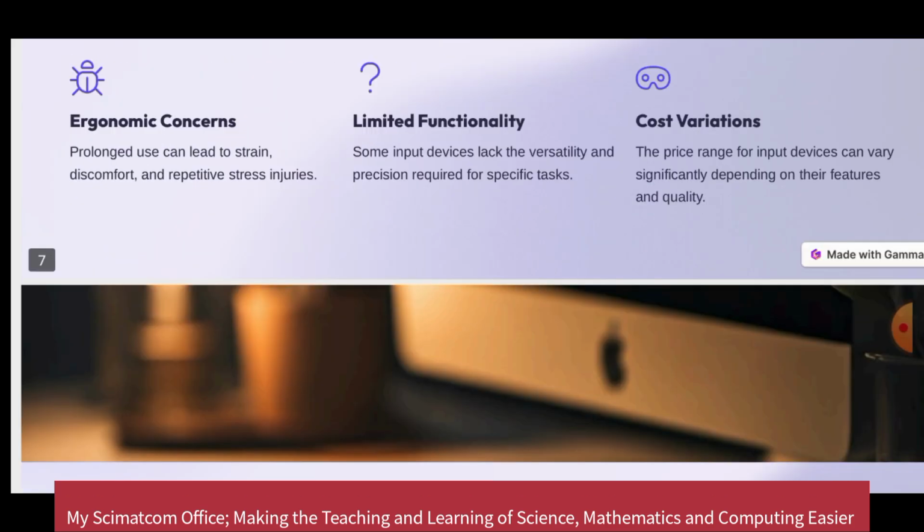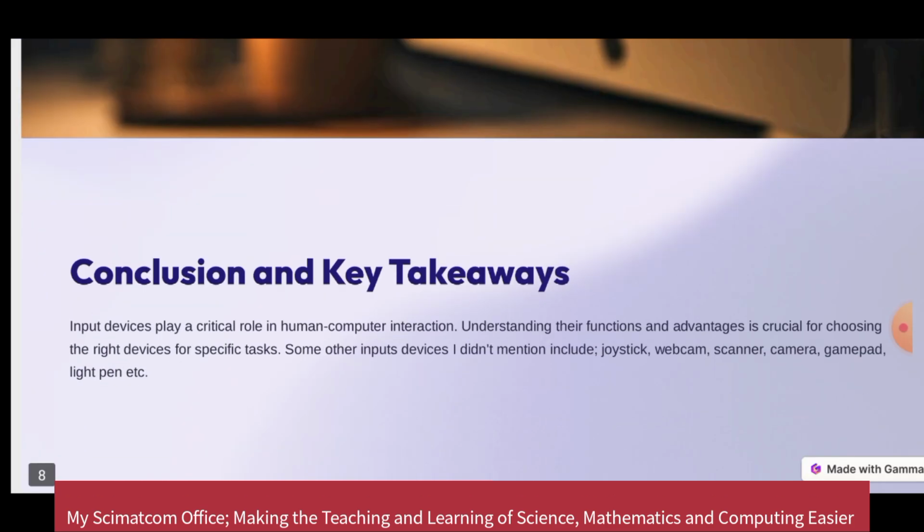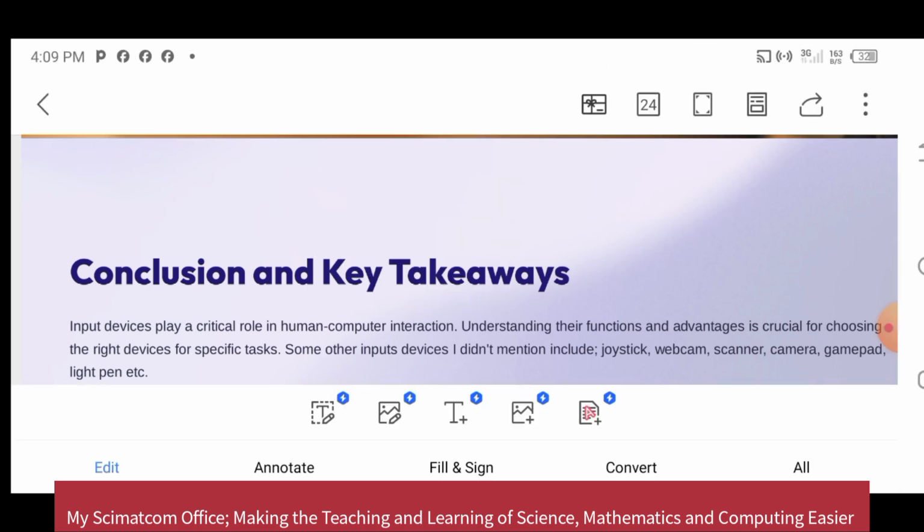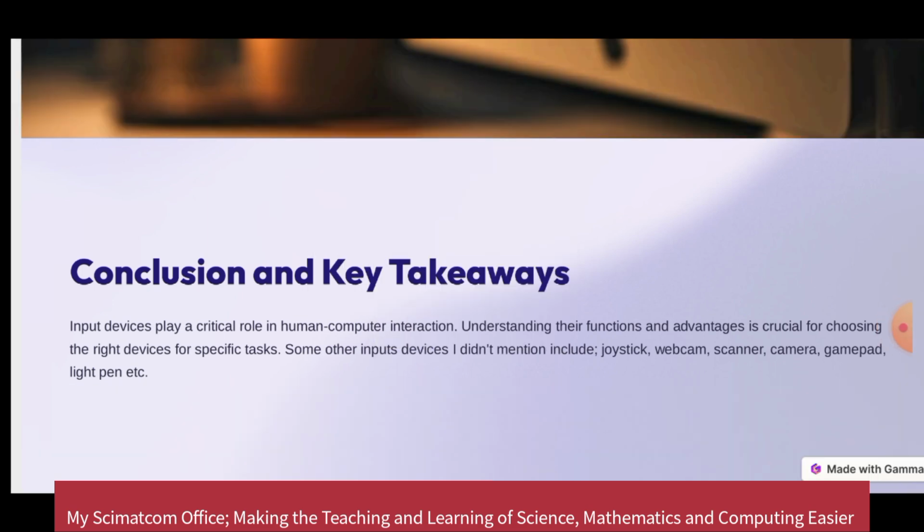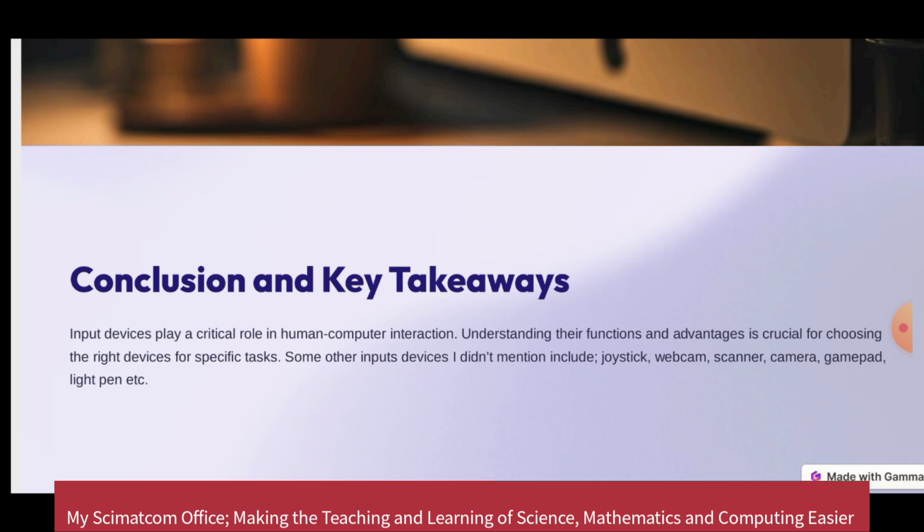Finally, let's conclude by looking at the key takeaways you are supposed to take home today. Input devices play a critical role in human-computer interaction. Understanding their functions and advantages is crucial for choosing the right devices for specific tasks.